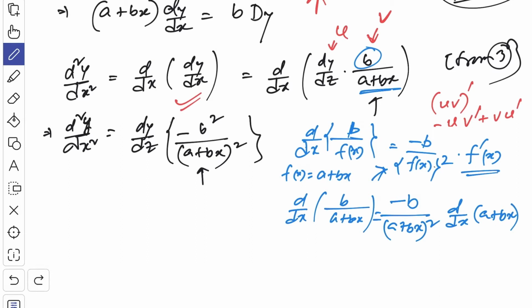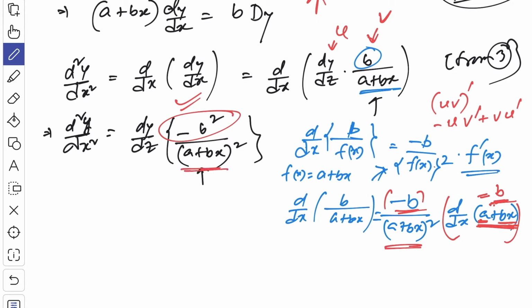Now if you differentiate this a plus bx, this gives b, right? a is constant, and if you differentiate bx, you will get b, and the derivative of a, which is constant, is 0. So our result will be only b in this case. And here b into b gives b square. So b into minus b is minus b square, and the denominator is a plus bx whole square. This is the result. I hope you have understood how we got this result.